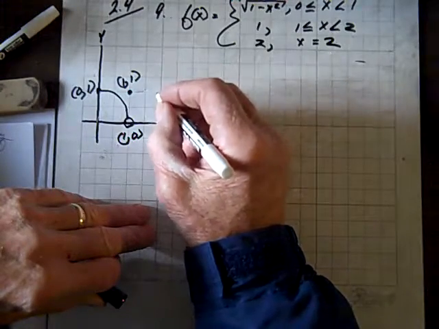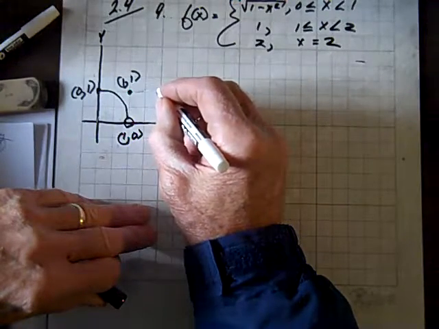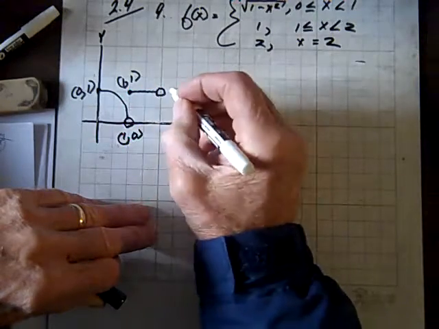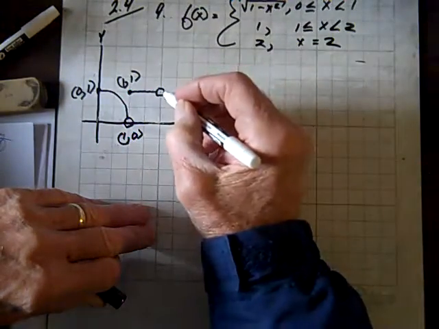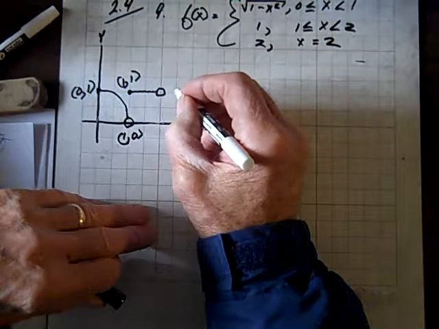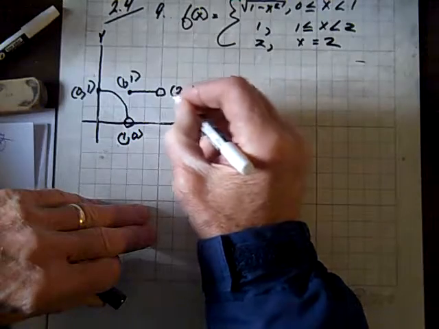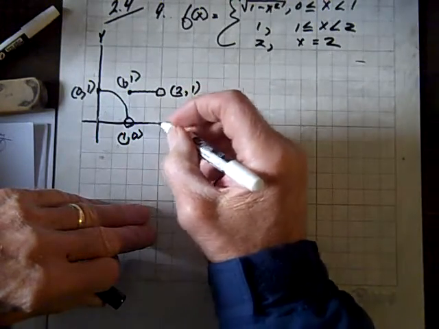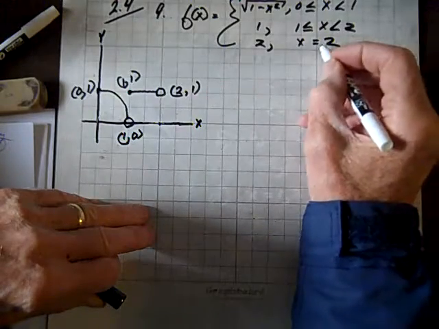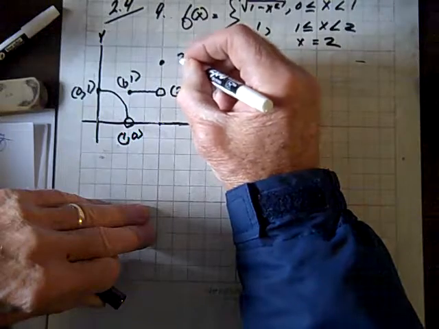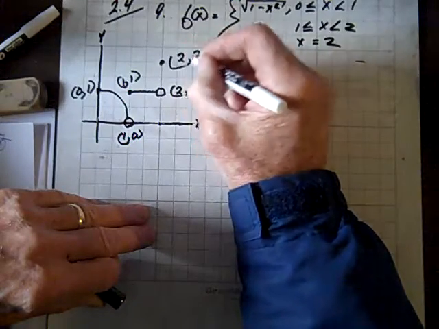If we let x be 2, we'll designate the fact that 2 is not in the domain of this with an open circle. And this point right here is 2, 1. And now if x is 2, then we get the point 2, 2.